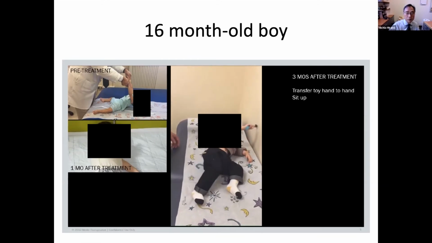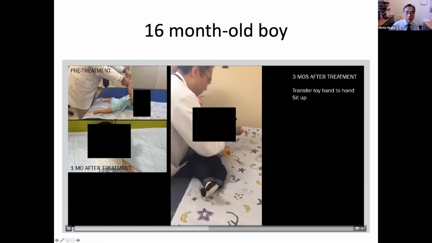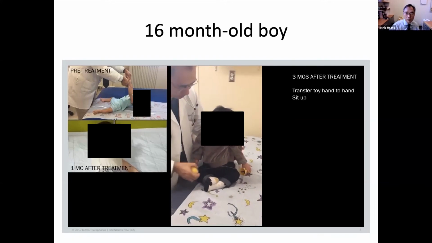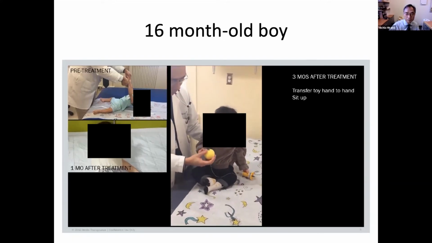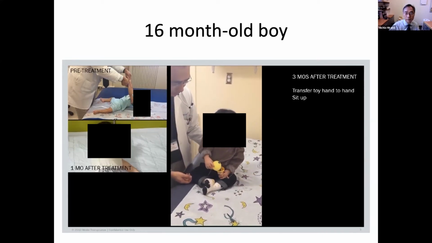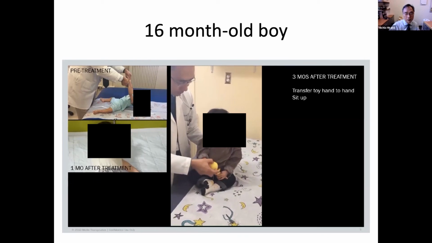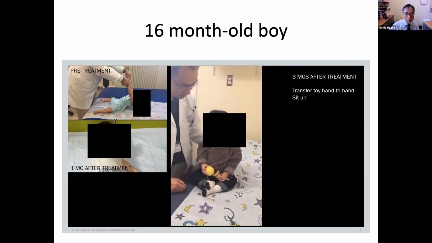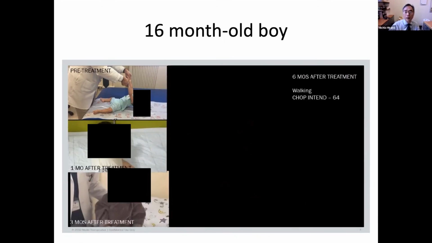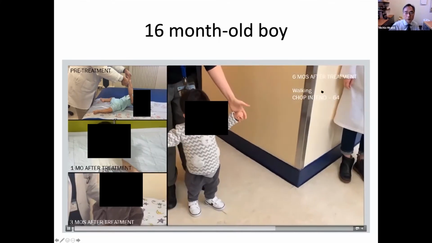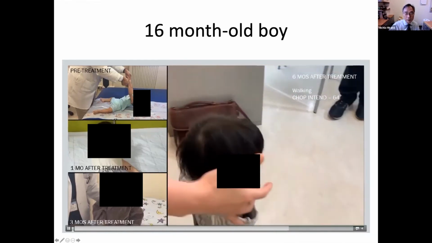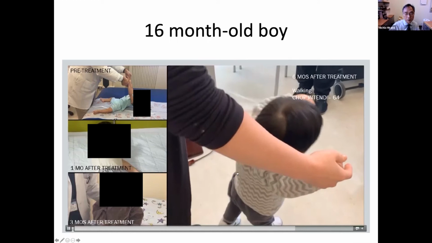He's not able to pull himself to sit, but when put into a sitting position, he's able to sit upright. You can see he's gained some strength and is able to do things more purposefully. After 6 months of treatment, this is a CHOP INTEND score that improved dramatically as well, and you can see him walking with some support.